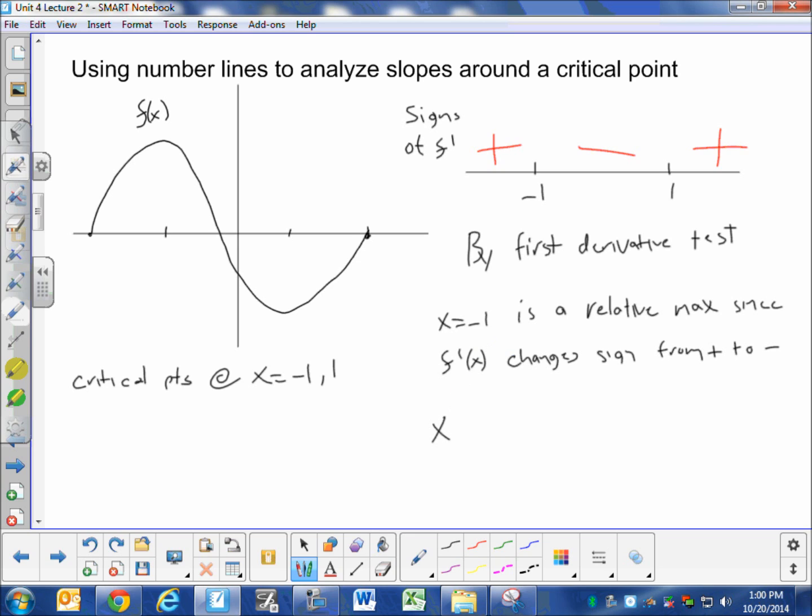And you can say the same thing at 1. It's a relative min because it changes sign from negative to positive at that location.